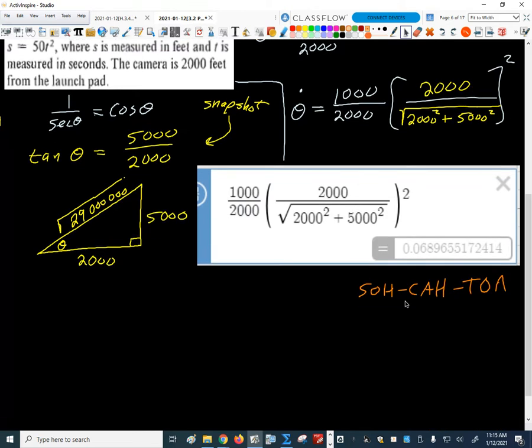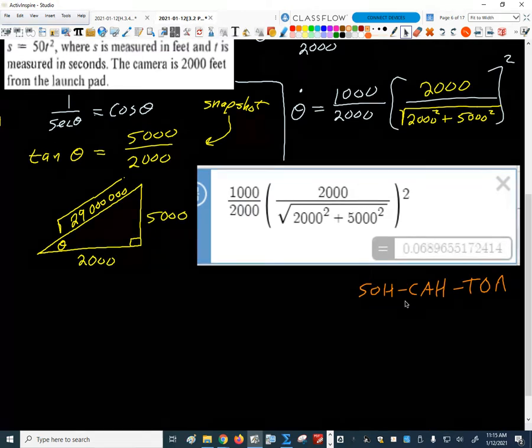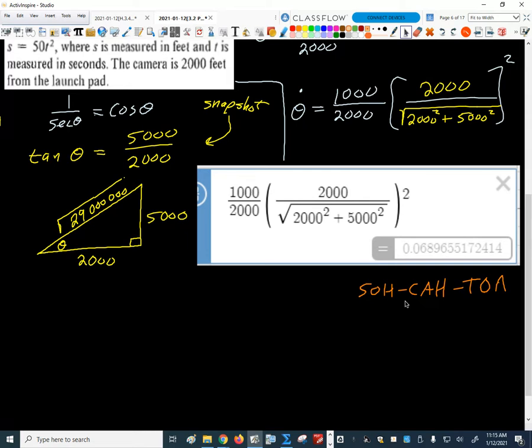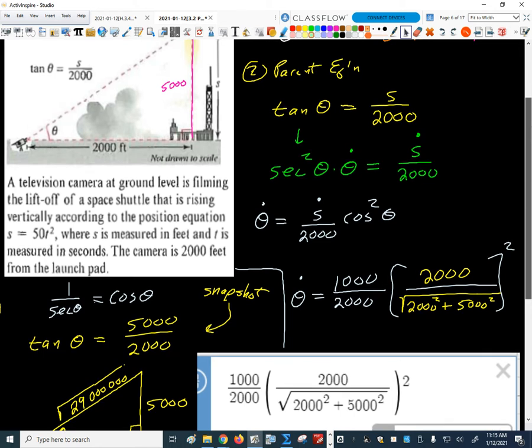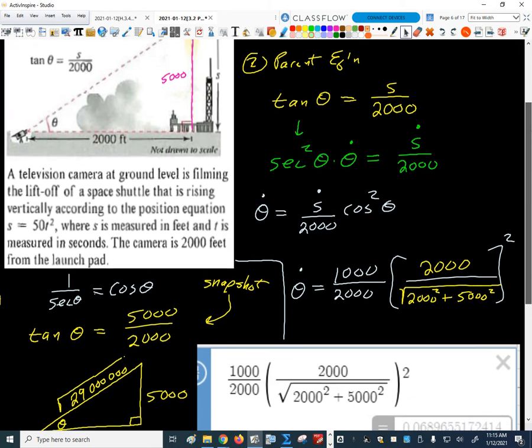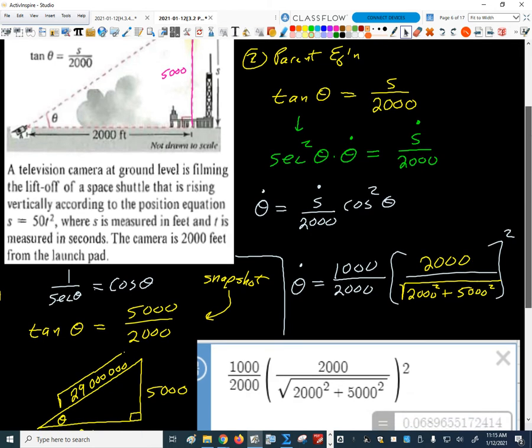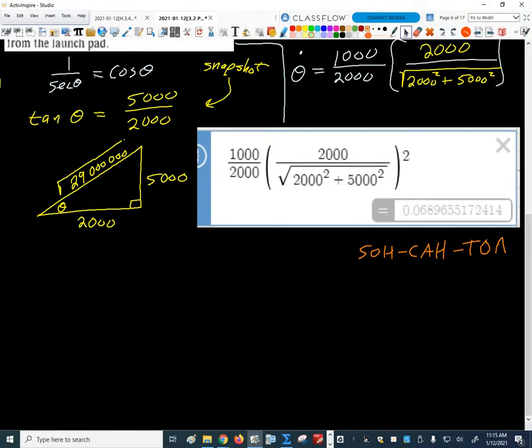All right. So this is our answer for theta dot, and I just processed this on Desmos. How many places should we use here? Let's just assume that we've measured this stuff up here to 2 or 3 decimal places.